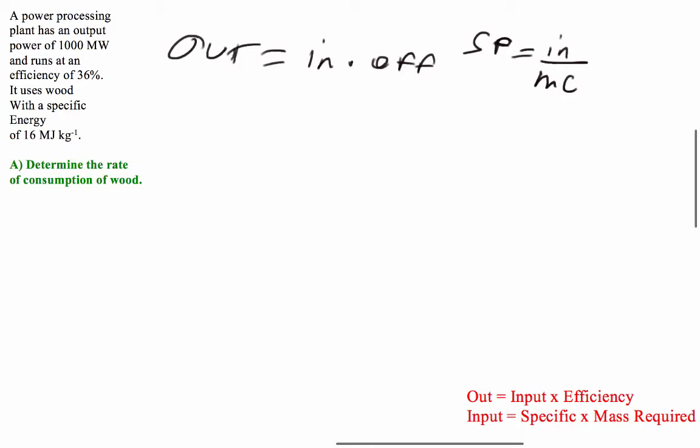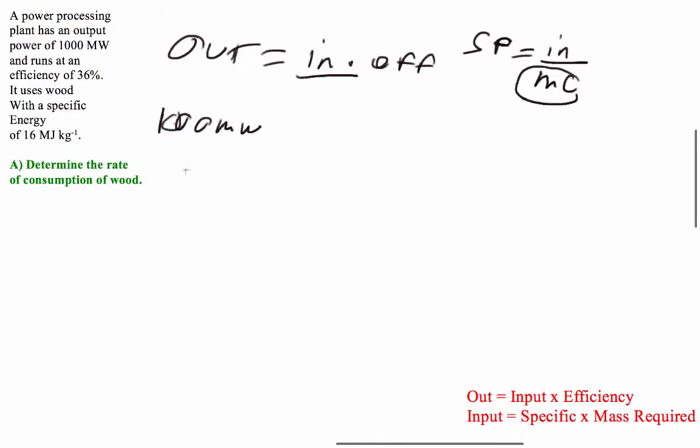Okay, so you start out with 1,000 megawatts, and you're running at 36% efficiency. So to find your consumed value, you're going to need your input value. So you're going to use this equation first to find your input.